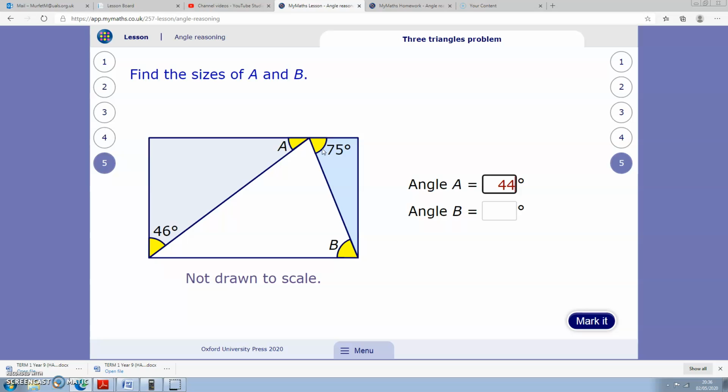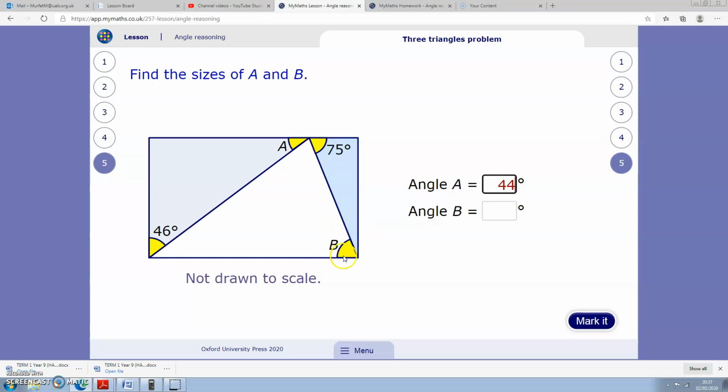Now, I can't find this part of the angle because I don't know this angle here, I don't know this angle here. So let's try and find B using the corner. Okay. We know that this bit here is 90 degrees. So if I could find this angle, we know that this bit here, B plus this little angle, is 90 degrees.